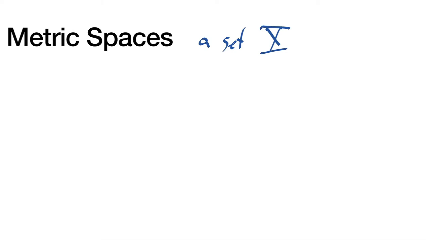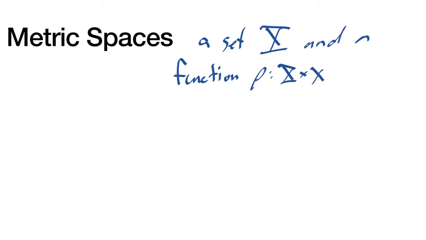and a function, which this book likes to use rho for. Some other books use d. I've even seen deltas. There's lots of different things that people use for a function. They're going to use this notation, rho: X cross X to the real numbers.